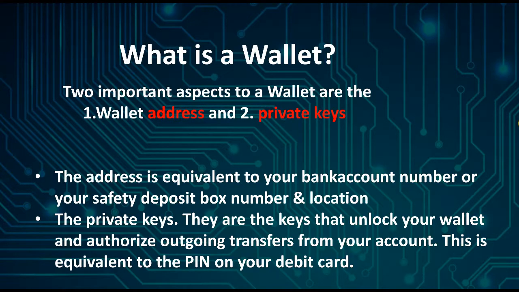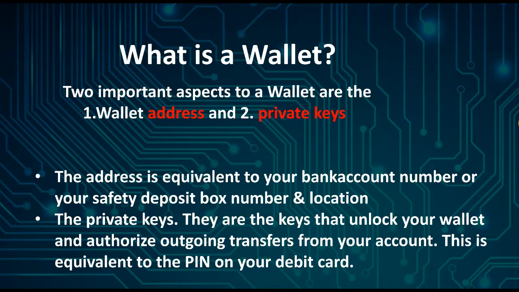There are two important aspects to a wallet: a wallet address and private keys. The address is equivalent to your bank account number or your safety box number and location. If I want to send you money, I would need that bank account number in order to send it to you, right? The private keys are keys that unlock your wallet and authorize outgoing transfers from one account to another.